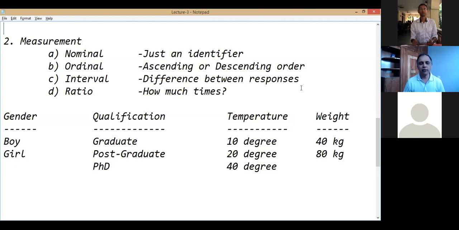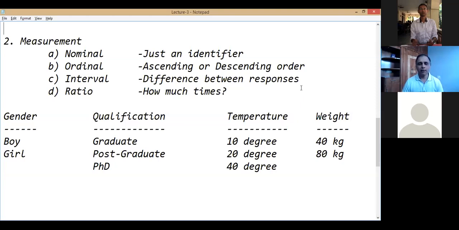A general thing we see whenever we talk about closed-ended questions, we find multiple choice question as the first thing. Multiple choice question means there is a question, there are various options, and a person is supposed to tick any one of them. There is a special category where multi-tick is allowed. We will discuss them later.